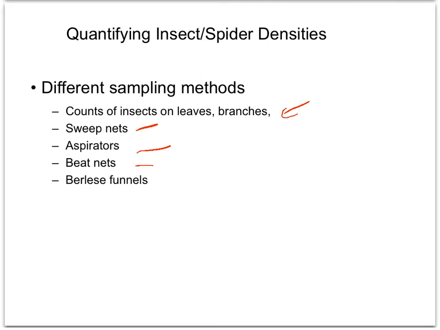Beat nets are where you put a capture screen underneath a tree, and then you beat the tree with the net, and that causes things to fall down into your screen, and you pick them up that way. Berlese funnels are a way of getting ground insects. I'll show you that in the next slide.